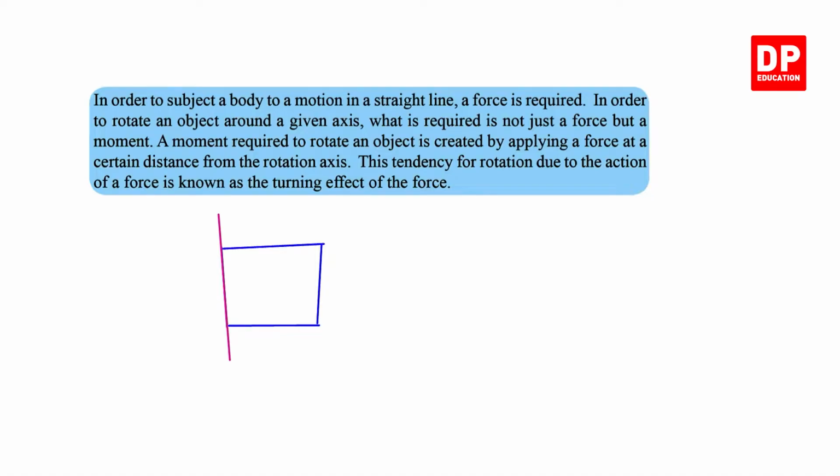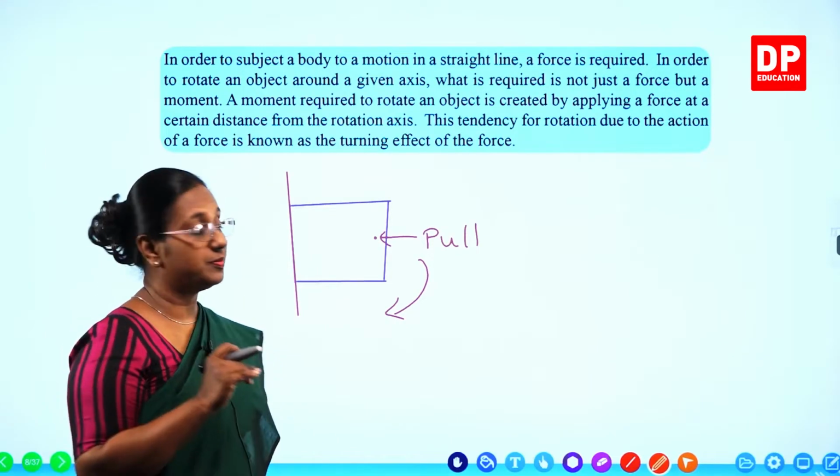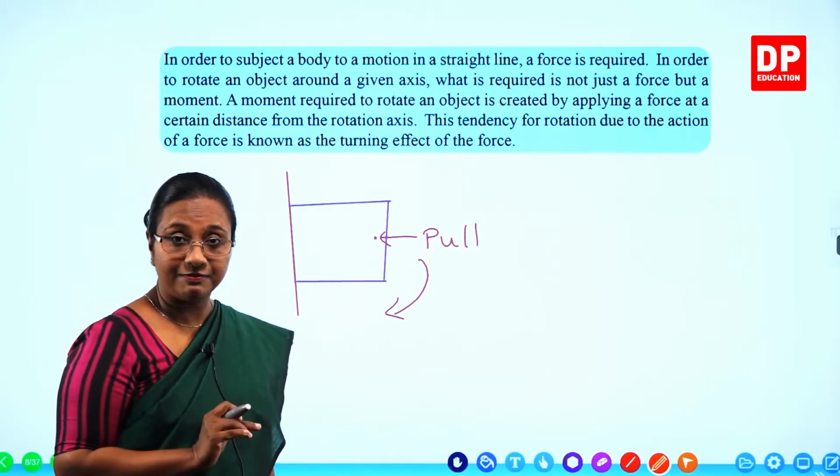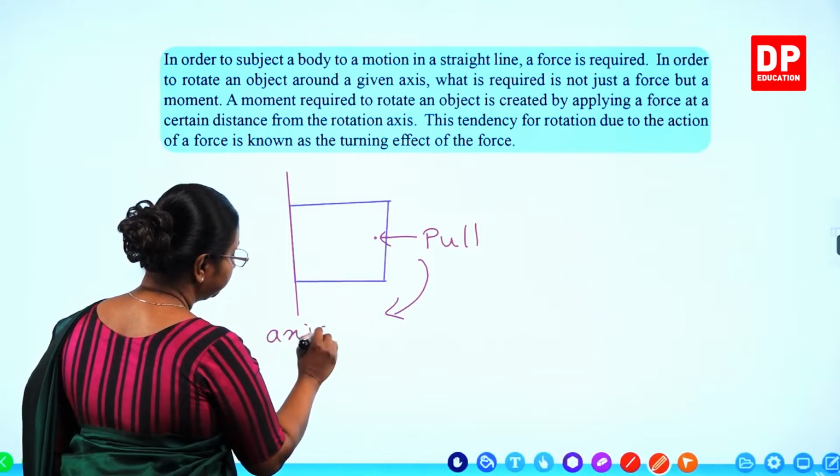So when we apply a force, let's say we apply a pull, then what happens? The door is going to rotate. So this pull, the force, has the ability to rotate the object. That's why we call it turning effect. And here there is the axis of rotation.